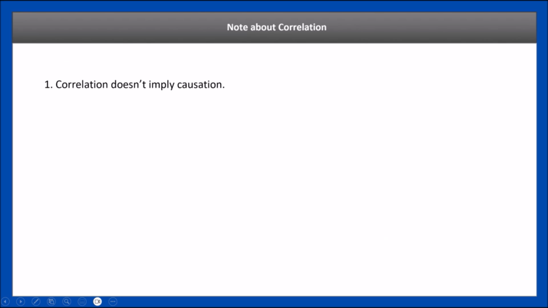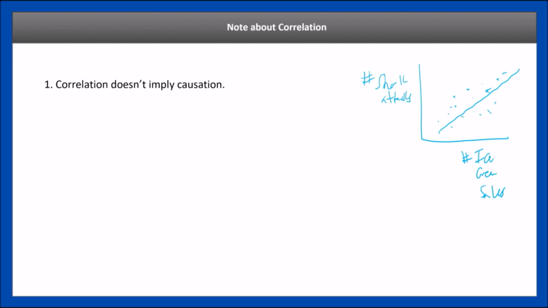Okay, so a note about correlation: correlation doesn't imply causation. This is important. For example, if we are talking about the number of shark attacks and the number of ice cream sales, you would see that there's a positive association between them.